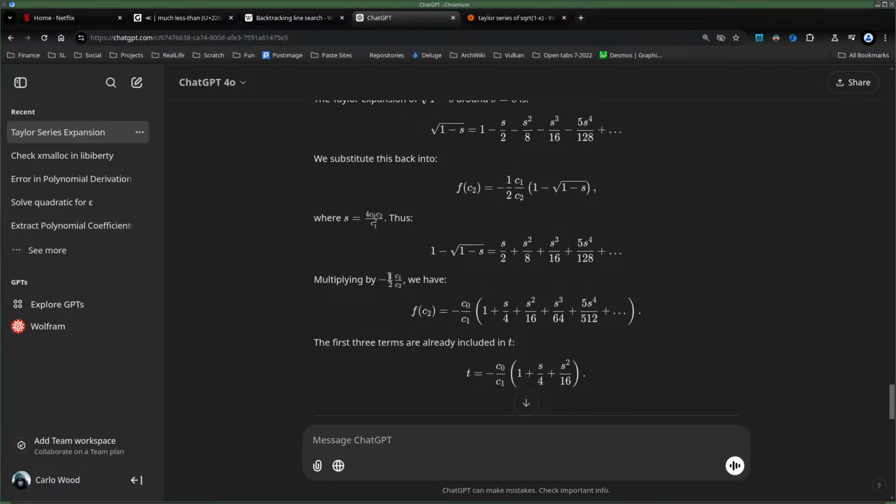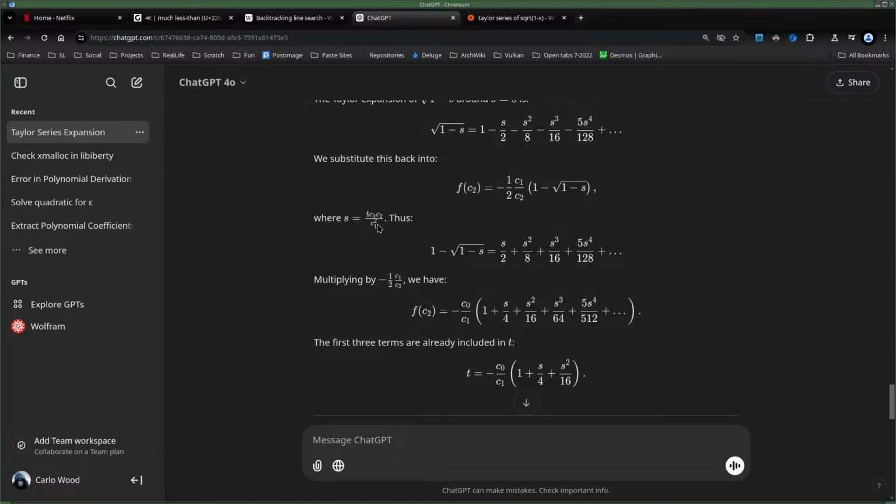Multiplying by minus a half C1 divided by C2. Oh, that removes this. Well, but wait a minute. Okay, maybe I'm seeing it. So this thing turns into this. So we have S divided by 2. This divided by 2 is 2 times C0 C2 divided by C1 squared.